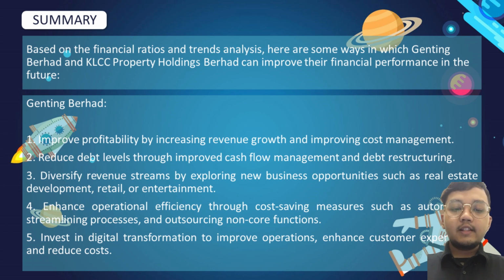Number 3, diversify revenue streams by exploring new business opportunities such as real estate development, retail, or entertainment. Fourth, enhance operational efficiency through cost-saving measures such as automation, streamlining processes, and outsourcing non-core functions. Number 5, invest in digital transformation to improve operations, enhance customer experience, and reduce costs.